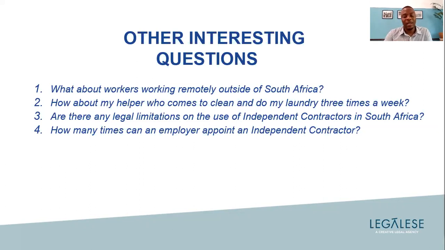You control what time they come in. You control exactly what they're supposed to do when they come in. And obviously, they're probably paid a fixed rate for the entire month, calculated on those 3 days that they come through. So it's most likely that your helper might be classified as a part-time employee.